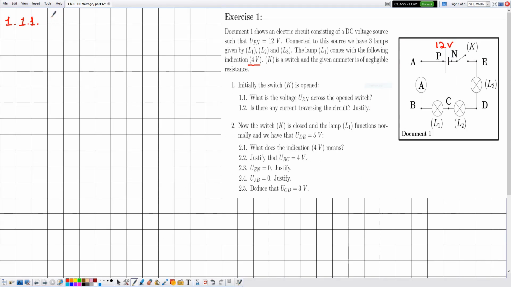Therefore, let's write: an open switch in series with the battery has the same voltage of the battery. Therefore, the voltage UEN is equal to 12 volts.